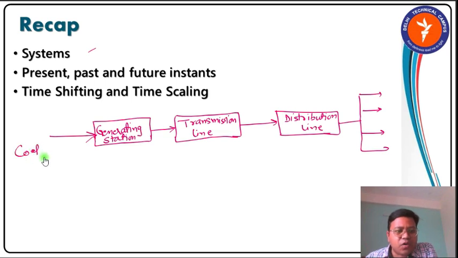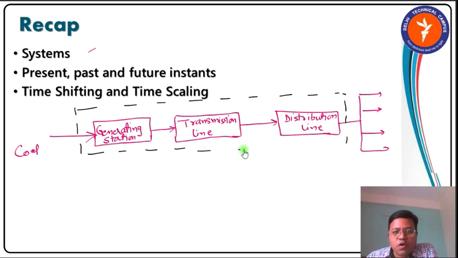This coal is converted into electrical energy at the generating station. The electrical energy is stepped up to transmit to distant places via the transmission line. Then the higher voltage is received in the distribution line, which is then distributed to the various localities. So the system made up of these three components is called a power system.